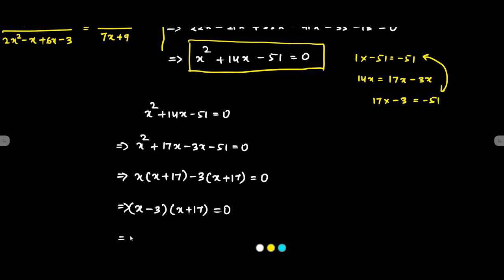That implies x can be equal to 3 or x can be equal to minus 17. So these are the two roots or solutions of the quadratic equation.